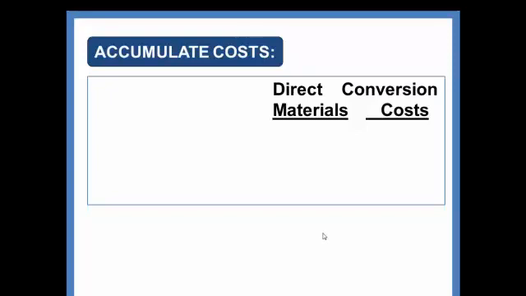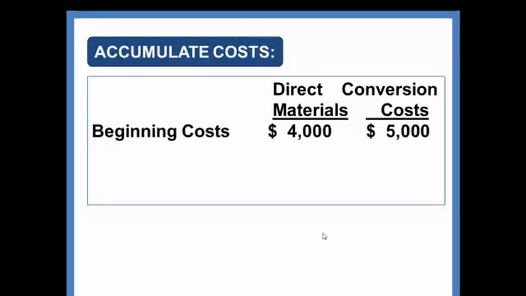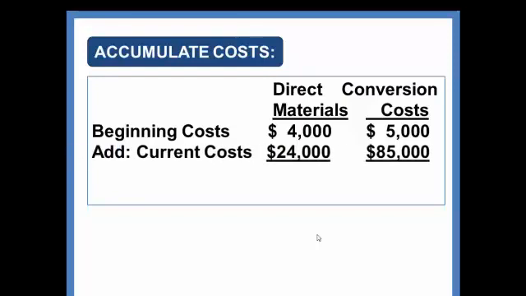When you use the weighted average method, you always want to take beginning costs, which were given. Costs associated with beginning work in process are direct material $4,000, direct labor $2,000, factory overhead $3,000. So I added the labor and overhead costs together, $2,000 plus $3,000, to get $5,000. Then during December, we added more cost.